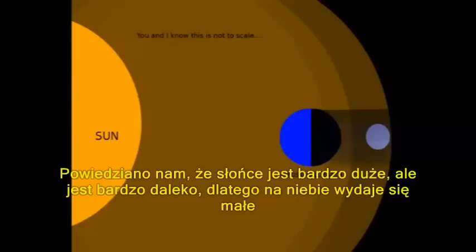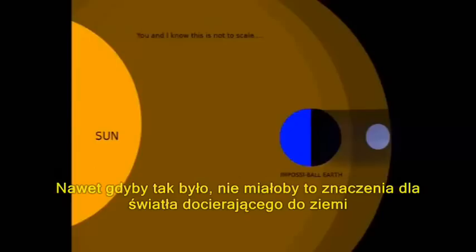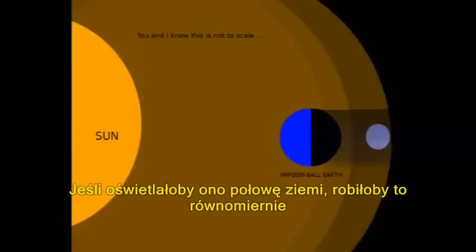We're told that the sun is massive and a long, long way away, making it appear smaller in the sky. Even so, that shouldn't make a difference to the light reaching the Earth. And so if it is lighting up half of the Earth, it should be doing so evenly.